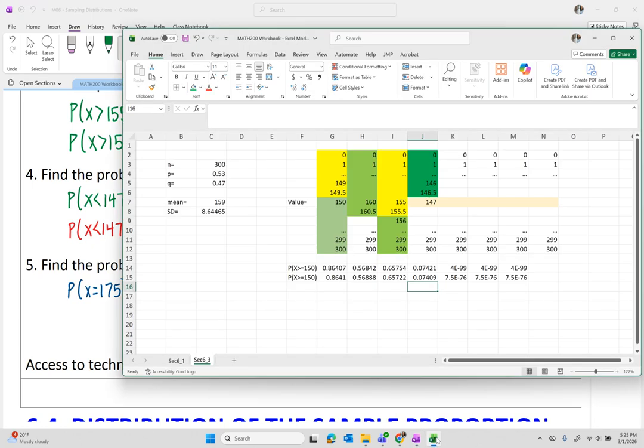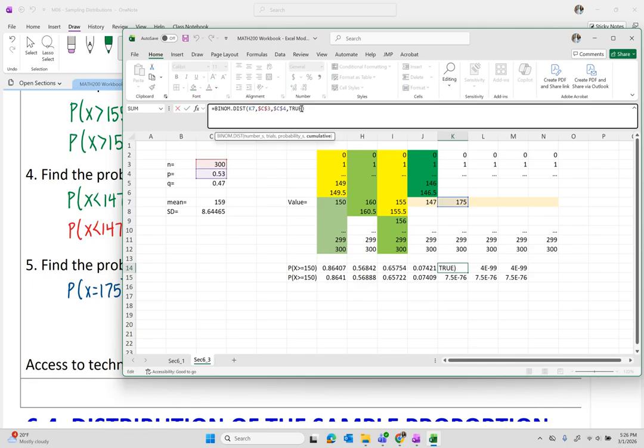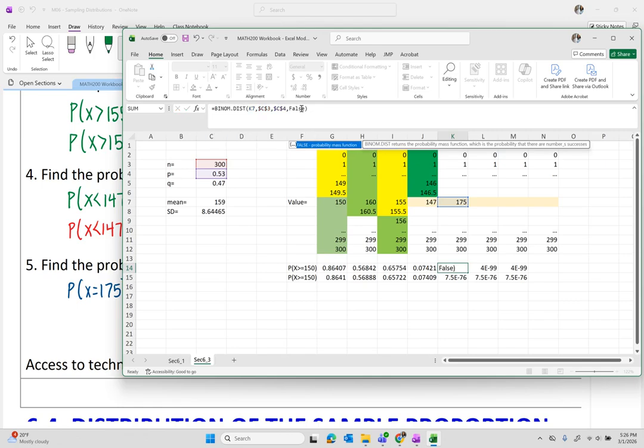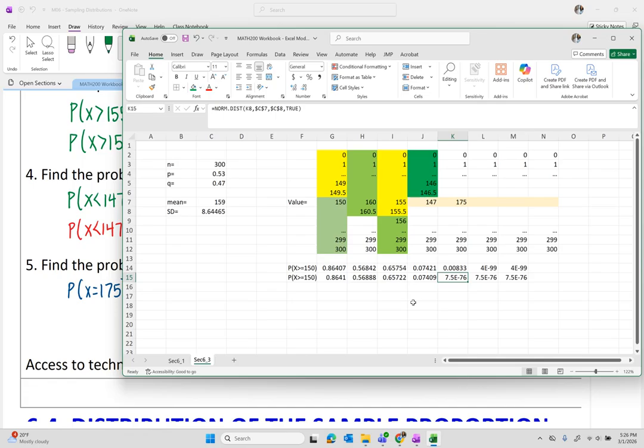Let's see that. If my number here is 175, I will go here, and instead of saying true at K7, I'm going to say that I want it to be false, so that I only get the one value. So the probability is 0.00833.